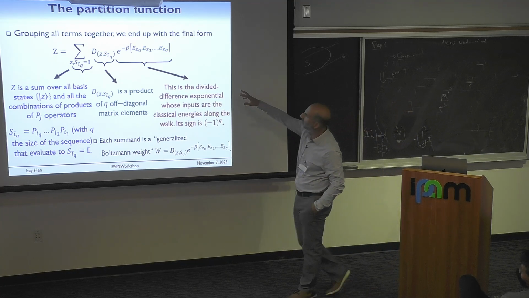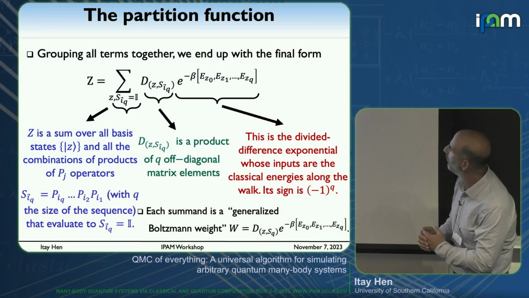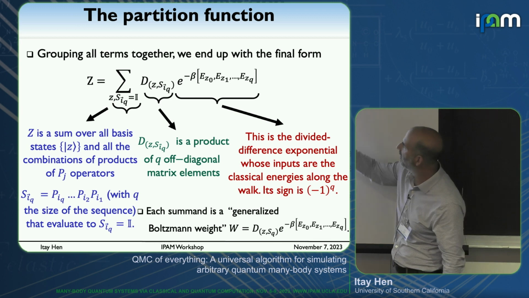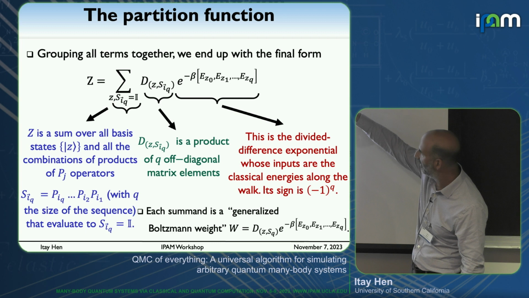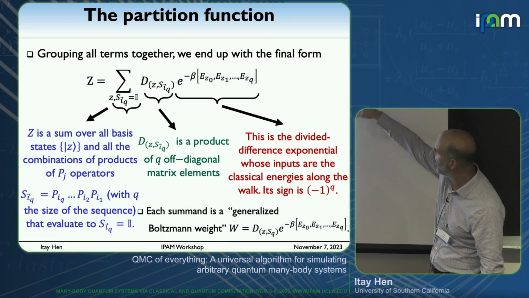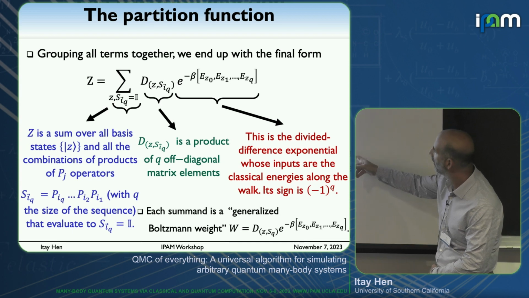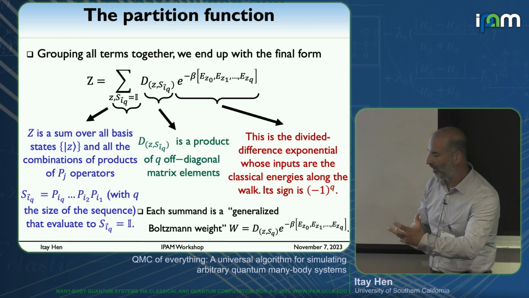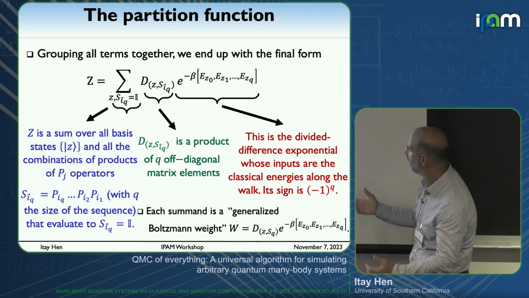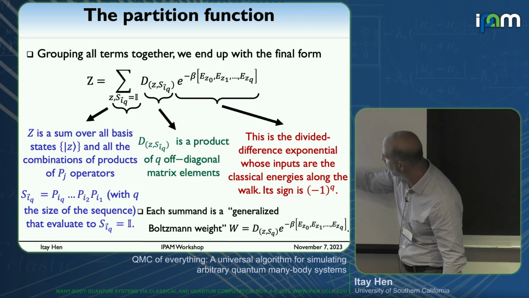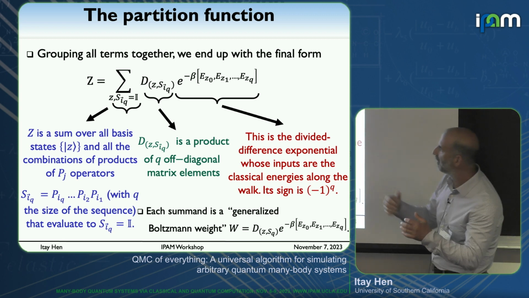And so all you need to calculate are divided differences. To answer the question about the weight, it turns out that the sign of e to the minus beta, this guy, is always positive, depending on the order of Q. If the Hamiltonian's off-diagonal elements are all negative, for example, then you can shove these minus ones into this D. This D is a product of off-diagonal matrix elements.